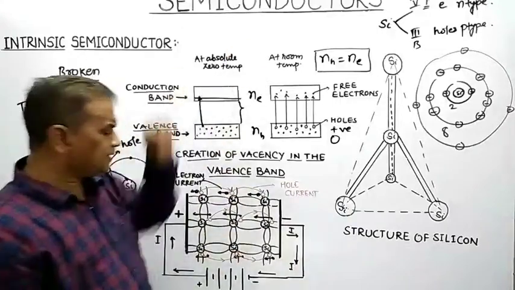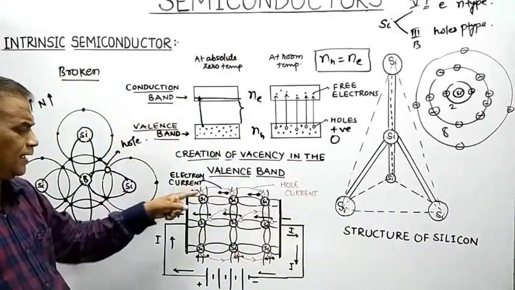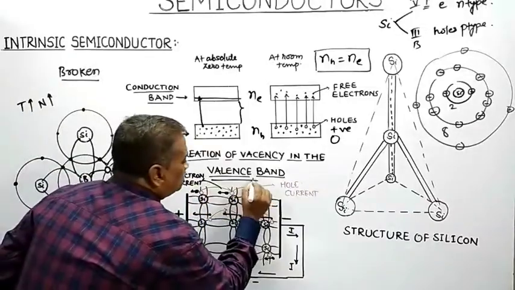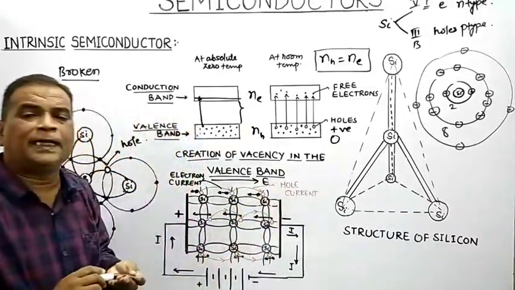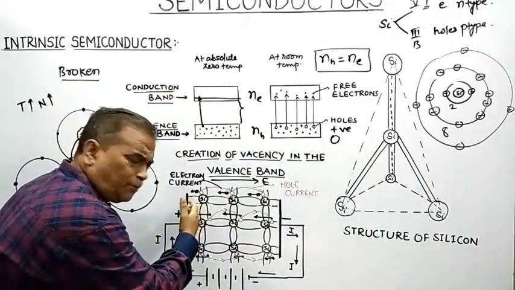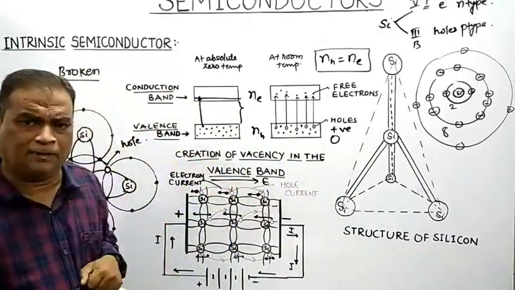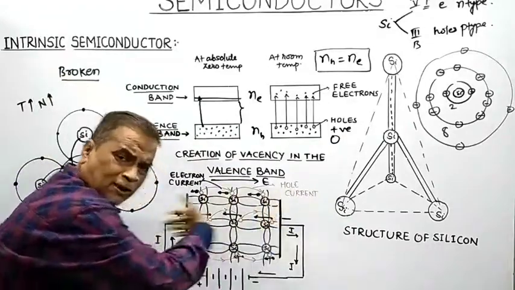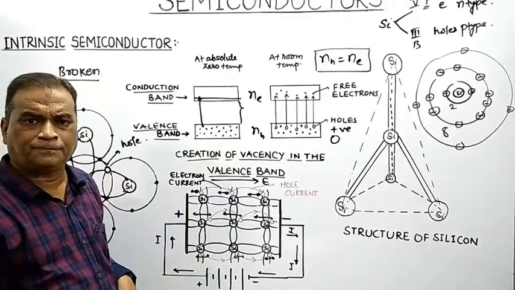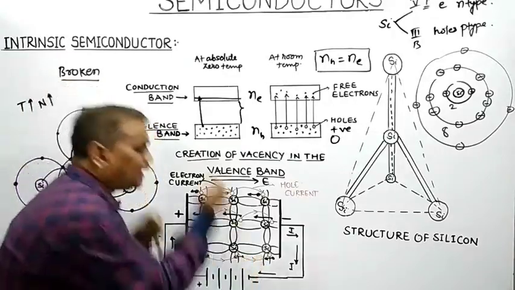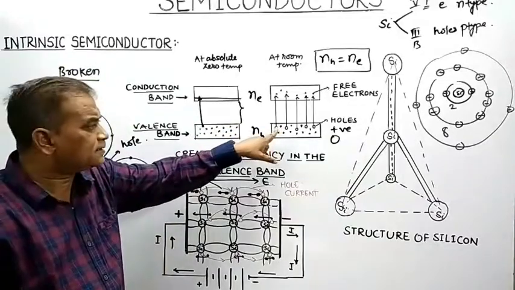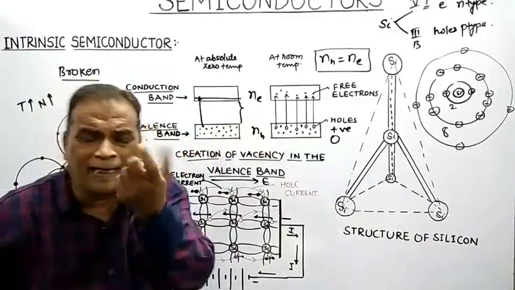So as far as intrinsic semiconductors are concerned, look at this. Electrons are moving in a direction opposite to the direction of the externally applied electric field. The electric field is shown from the positive towards the negative terminal. Means electrons must move in what? In a direction opposite to the direction of the electric field. This external electric field will also contribute to the thermal energy of valence electrons.